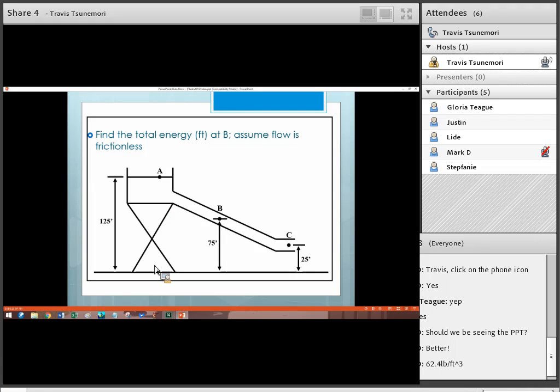So my crude little diagram here, let's assume we have a tank where the surface of the water is 125 feet off the ground, and we've got a pipe that's emptying down to this point C. And we're interested in point B, which is 75 feet off the ground, and the outlet is 25 feet off the ground.